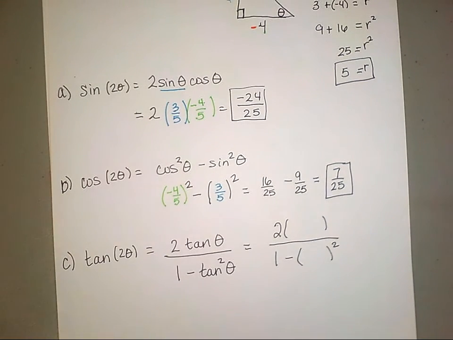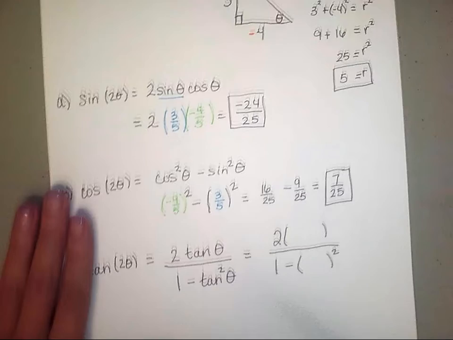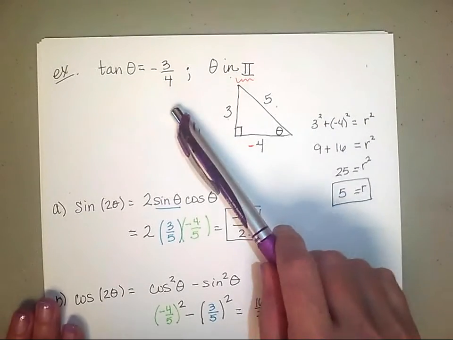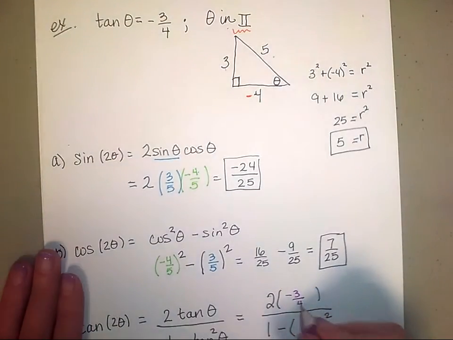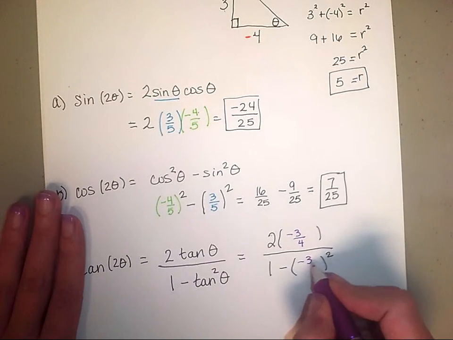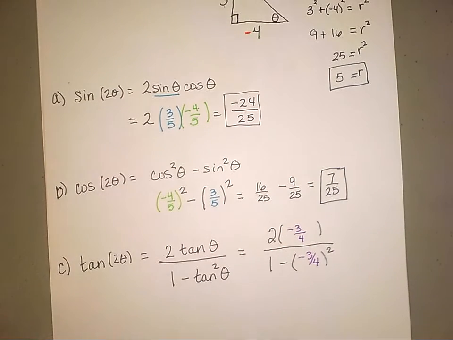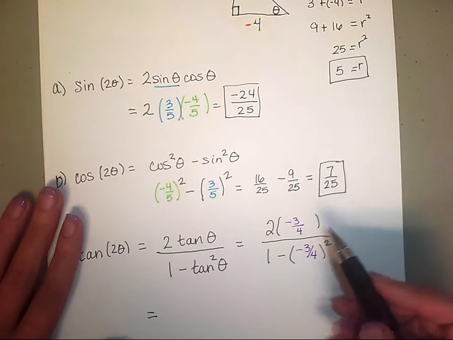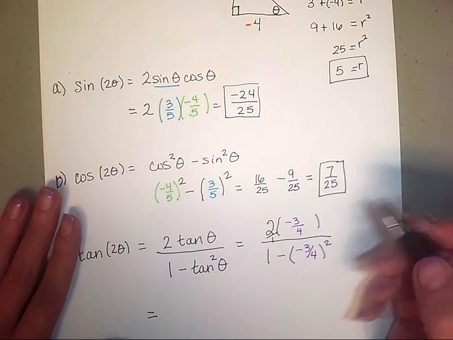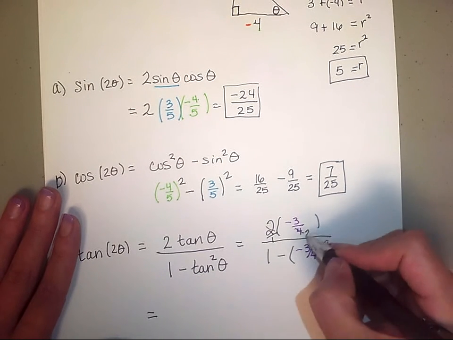And we were given what the tangent is. The tangent was given up top as negative 3/4, or of course you can read it from here. Okay, and now we can simplify. Alright, so this is like 2 over 1. Okay, so 2 and the 4 will cancel.